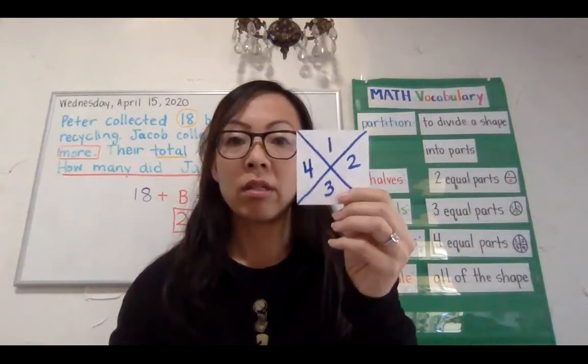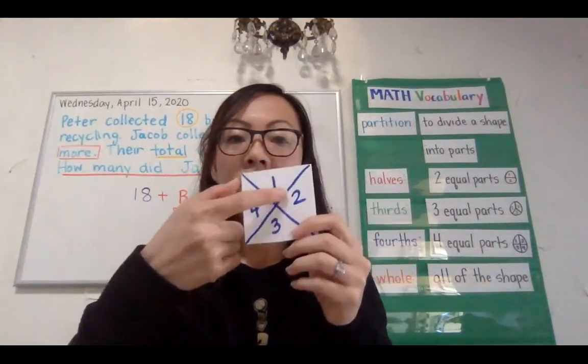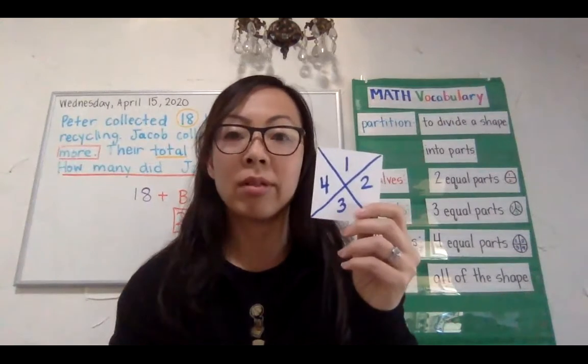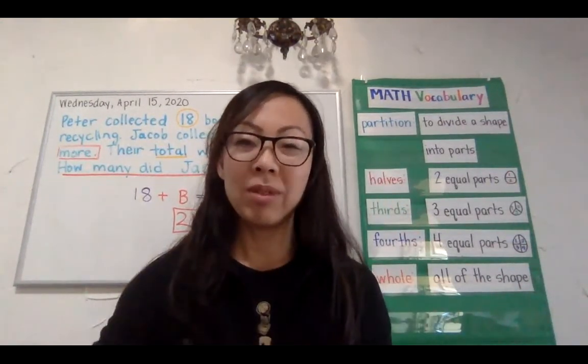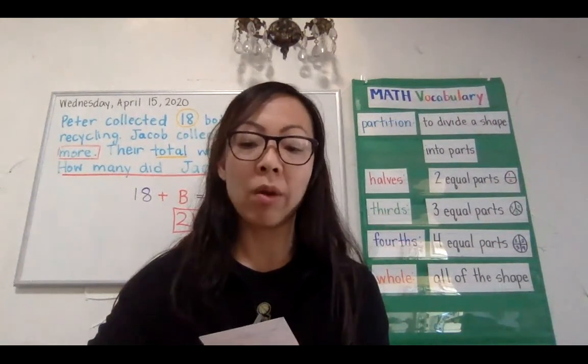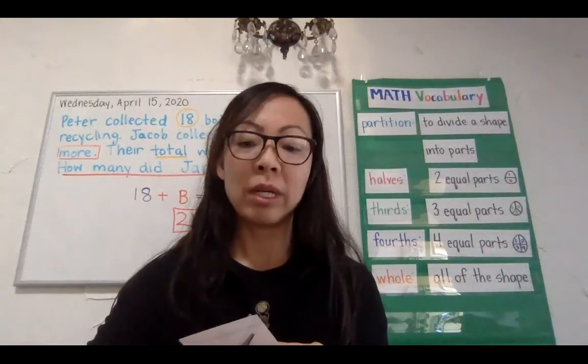Take a look at this. What are these going to be? If I have 1, 2, 3, 4 equal parts, what are those called? Fourths. We won't be able to cut thirds out of a square, not into triangles at least.